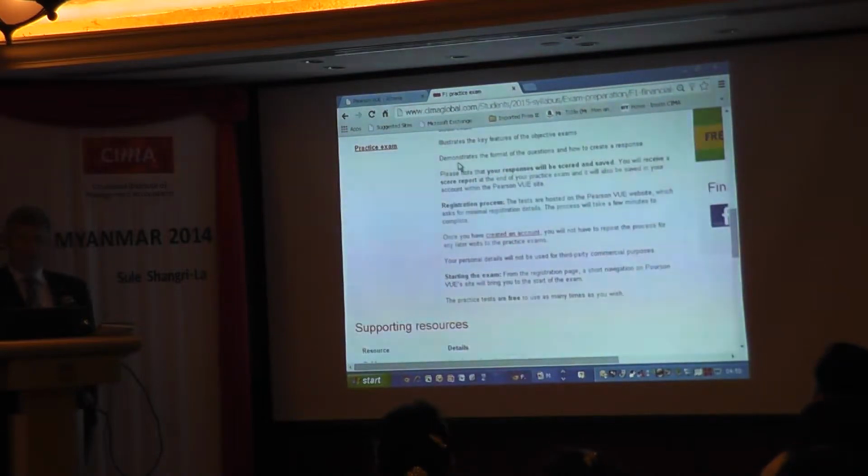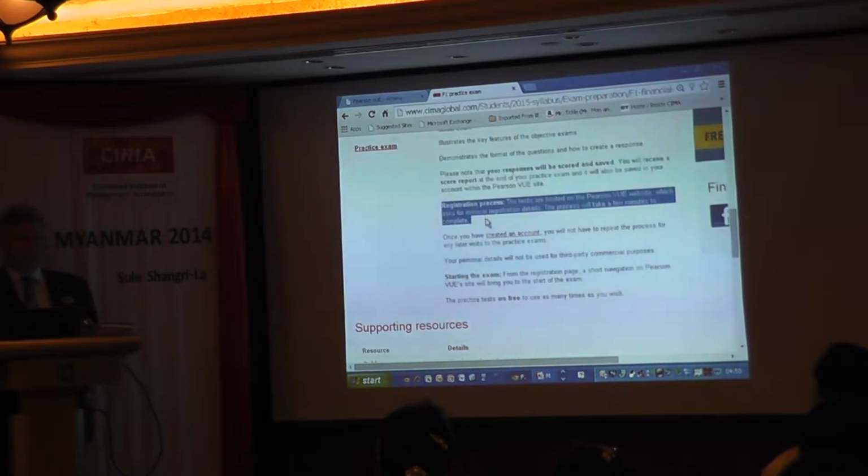The practice exam itself, one of the things that I've skipped out by doing it during the break is that getting onto the practice exam for the first time requires you to register, wherever it is, with Pearson VUE. It's the most convenient thing that we could find to deliver a representative platform.